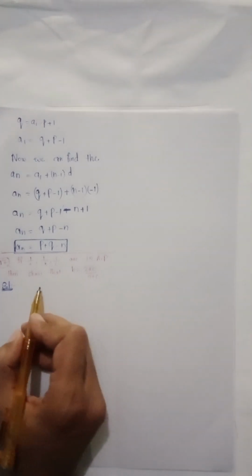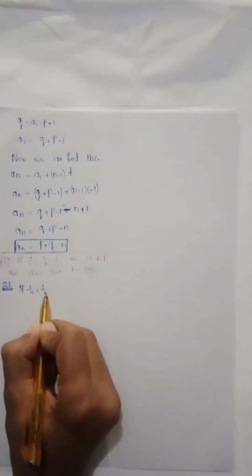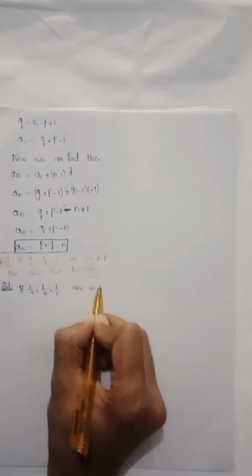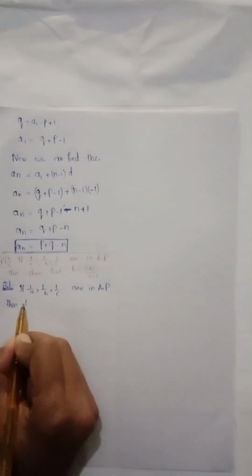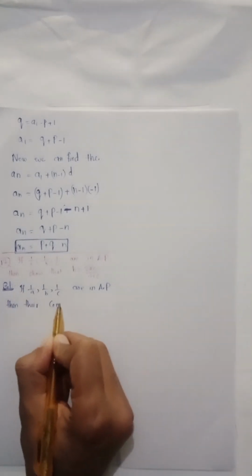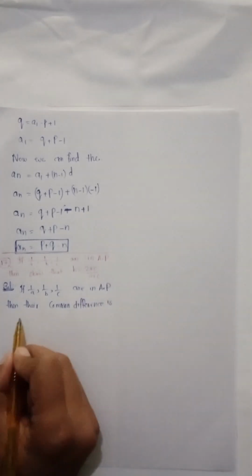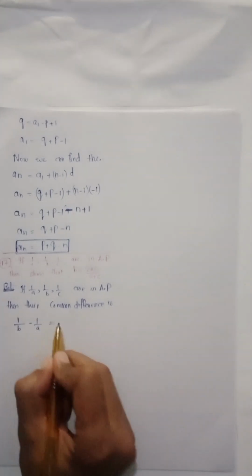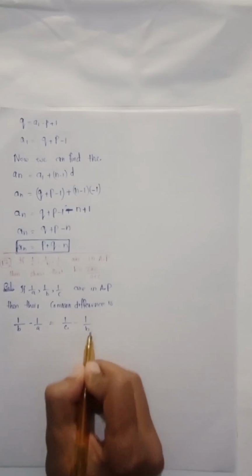For this, if 1 over a, 1 over b, 1 over c are in arithmetic progression, then their common difference is 1 over b minus 1 over a equals 1 over c minus 1 over b.